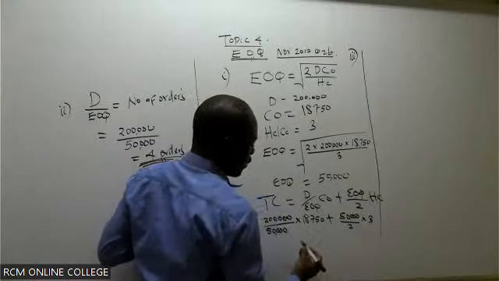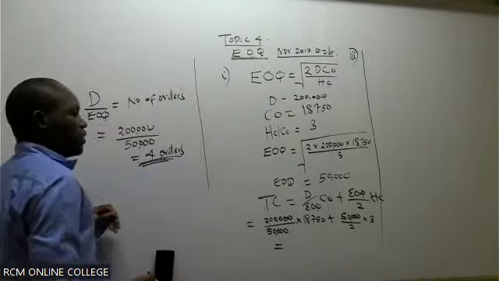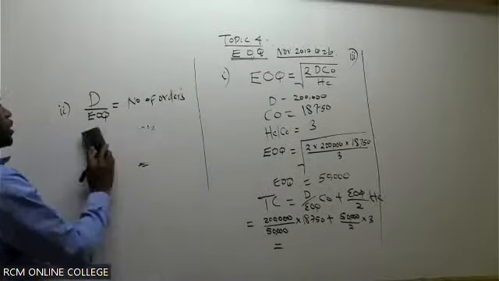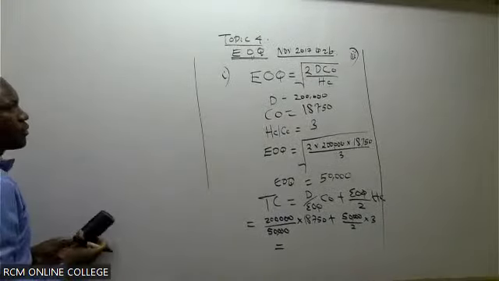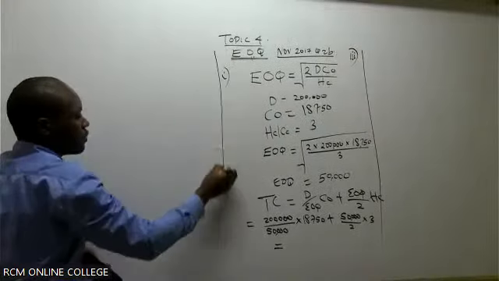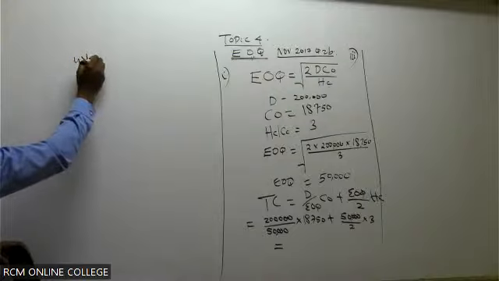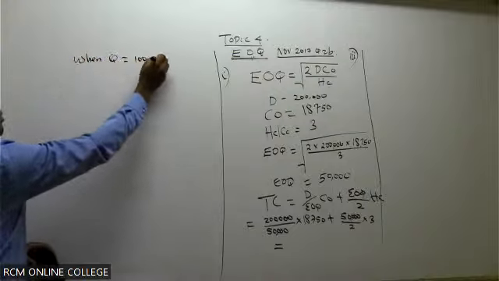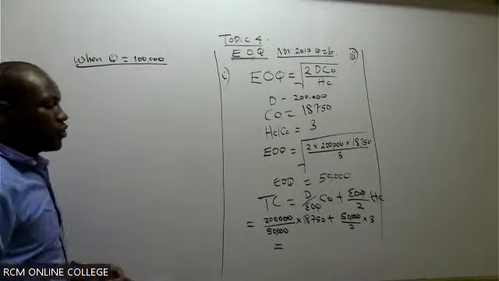So I want you to go ahead and give me the result here. Remember that we are dealing with economic order quantity. So go ahead and give me the total cost incurred there.